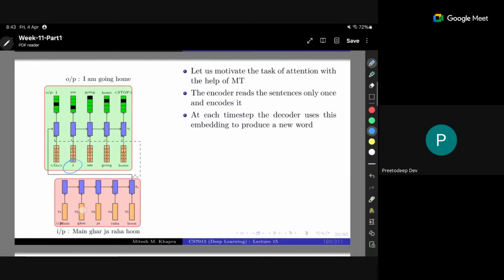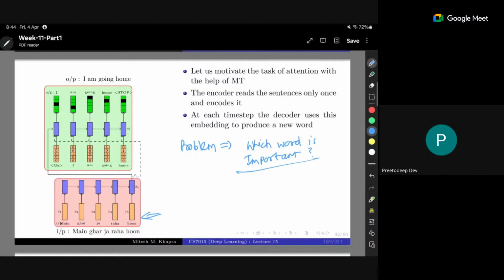If I somehow know which word is important, it would be good. The problem is that at a timestamp, I don't know which input word is important. I want that somehow.